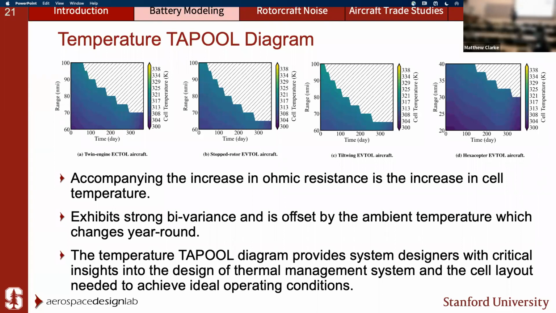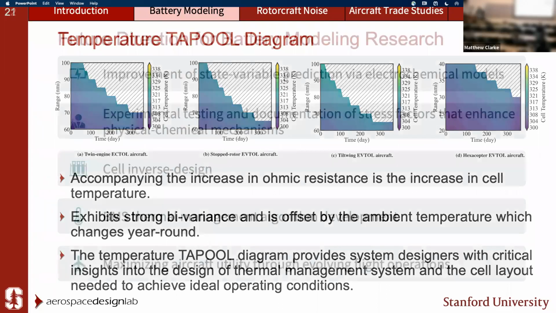We need to have an idea of how the temperature within the battery changes, because that's important for battery management systems and thermal management systems. If you design the aircraft to remove a certain amount of energy, let's say in January, the battery is essentially going to explode in July, right? Those are the critical things that we need to start to think about in this research.